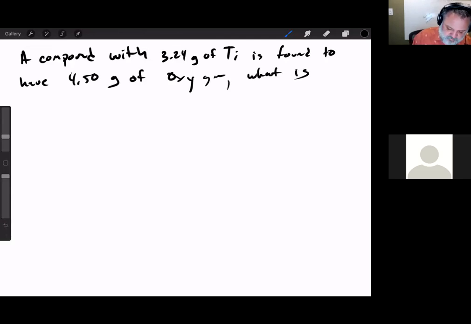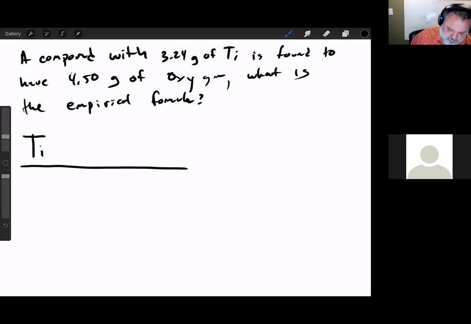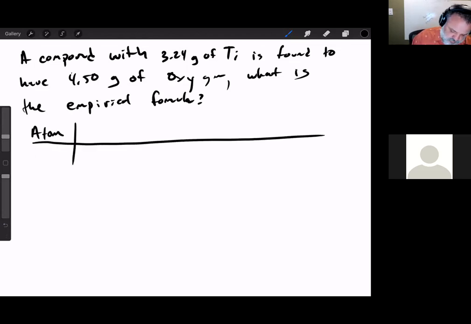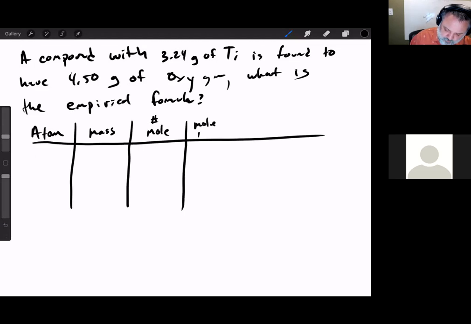What is the empirical formula? Okay, so it's titanium. So atom, mass, mole, that's number of moles, and then mole ratio. Maybe we'll need another mole ratio.